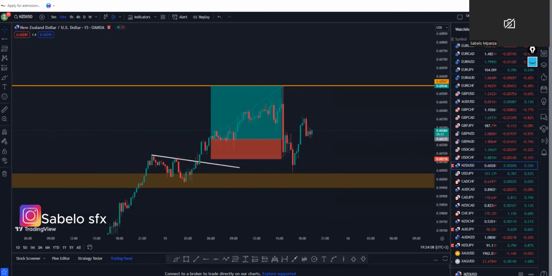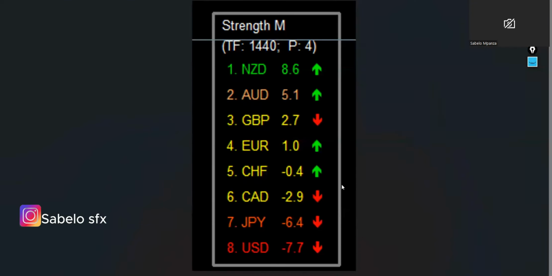So this is the indicator. This is the major indicator that I use when I trade the market. On this indicator, I'm going to tell you how it works, how to get the market direction, because the main purpose of this indicator is to give you the direction of the market.